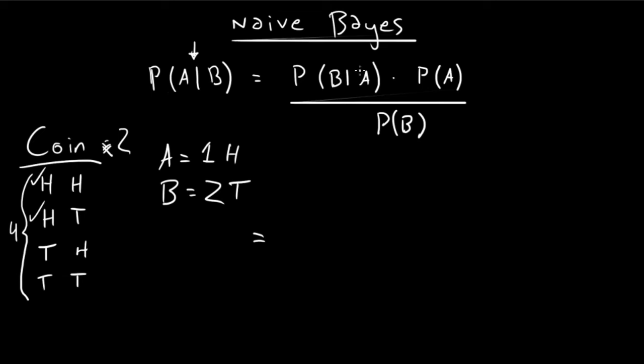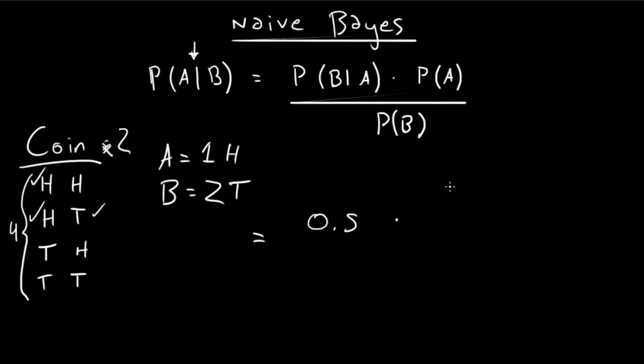B on the condition that A has occurred. So what's B? B is on the second flip, tails. And that's satisfied there. So there's 2 combinations that satisfy the condition and 1 combination that satisfies the outcome. So we can say that there's a 50% chance of B occurring on the condition of A.